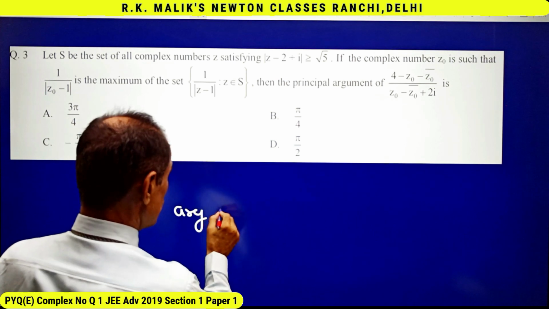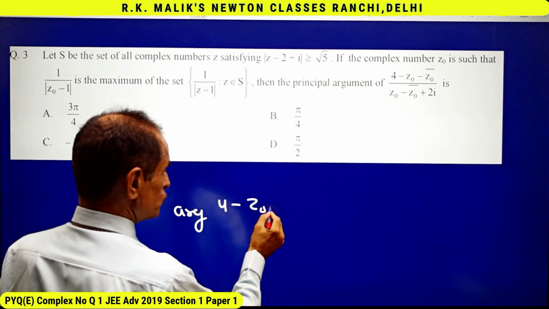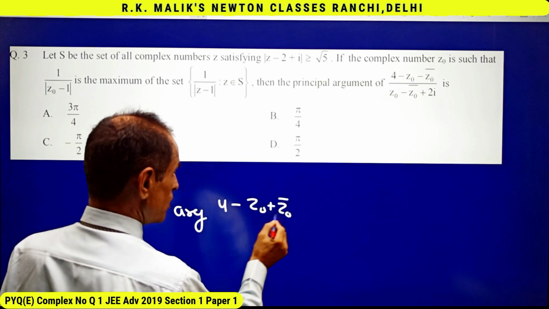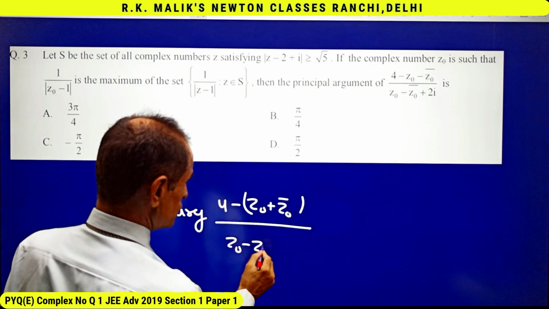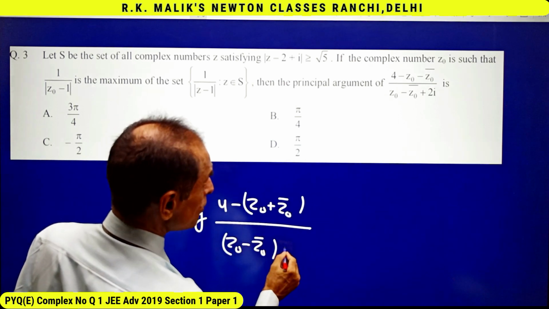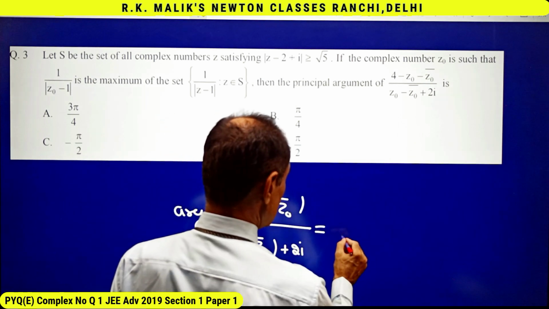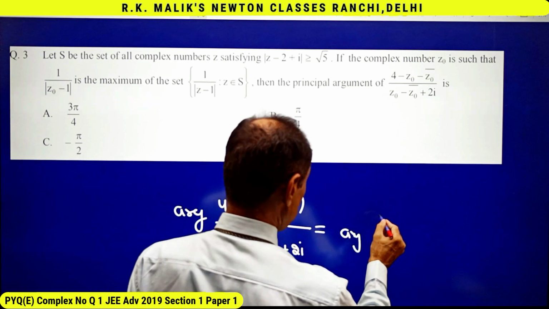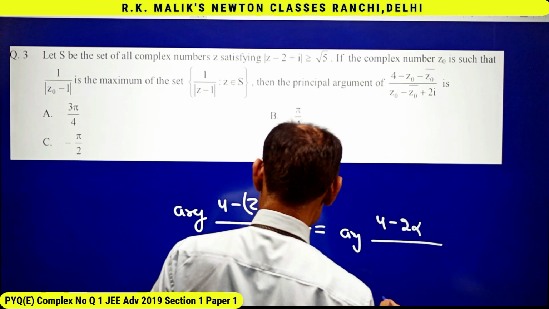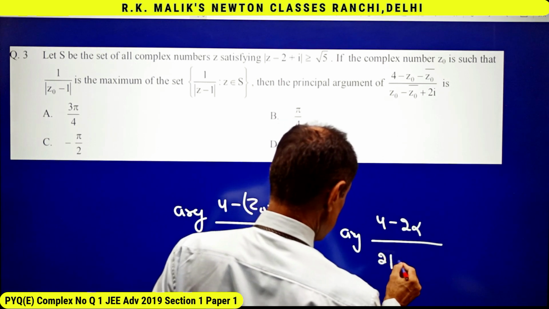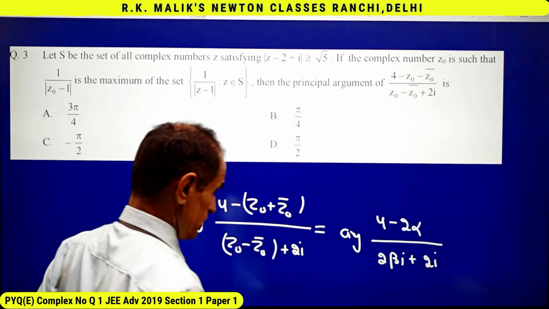Argument of 4 minus Z0 plus Z0 bar upon Z0 minus Z0 bar plus 2I becomes equal to argument of 4 minus 2 alpha upon 2 beta I plus 2I.